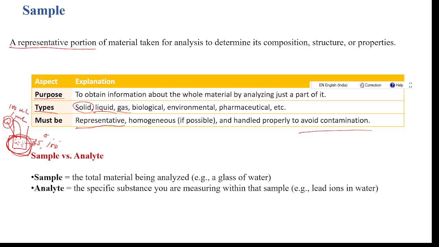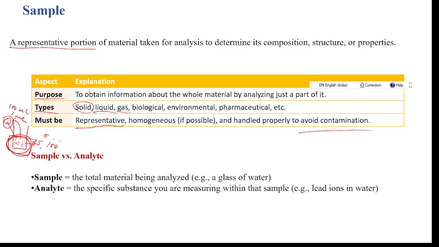Like you are taking some sample, you are pipetting out, and if your pipette is not clean, and you have already pipetted out something else using that pipette, and you use the same pipette to analyze this, then you are going to get error-based results that we all need to avoid in analysis.